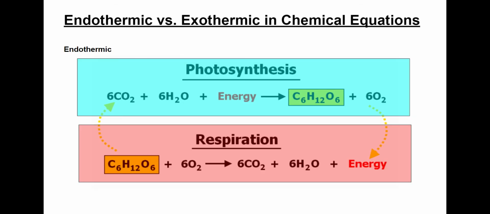So, an endothermic versus an exothermic process. The one on top, the reaction, is an endothermic process, and that's photosynthesis. It requires energy to proceed. And the one on the bottom, respiration, is an exothermic process. Notice where energy is in the top equation and where it is in the bottom equation. Let's look at exothermic reactions now.